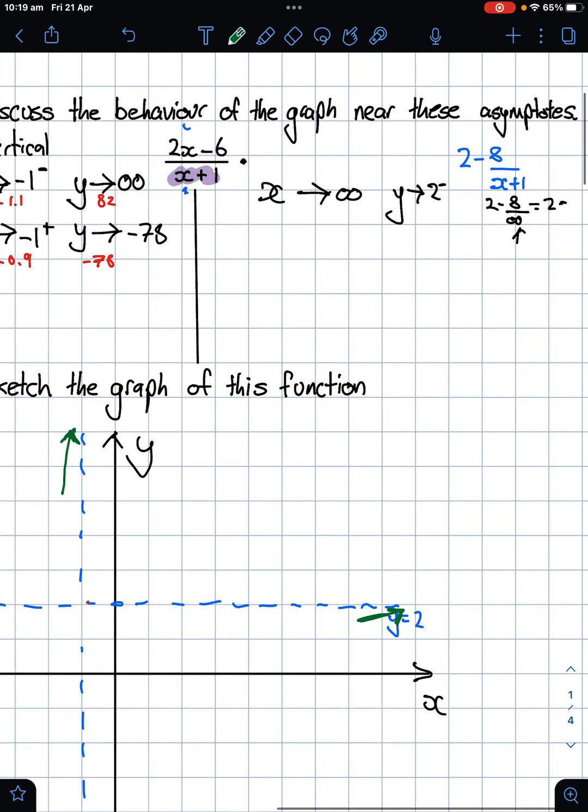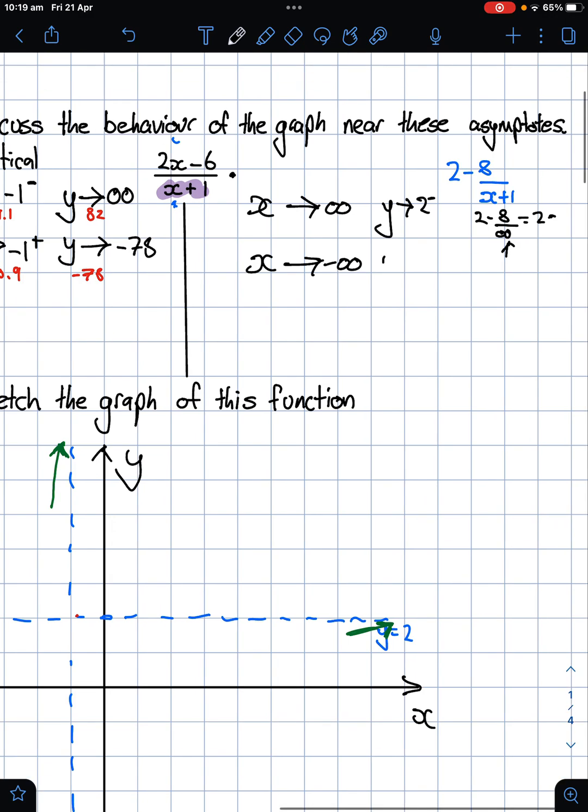And then the next bit here we go, well, x approaches negative infinity. We're going to have y approach. Now, if you're thinking of this value here again, let me just change, I'll change the blue. We've got 2 minus 8 over, and we're going to go to negative infinity.